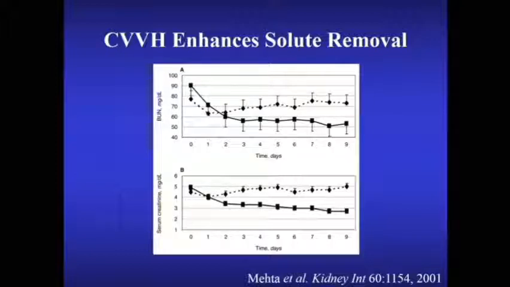And this is just one example where solute removal was examined. This is BUN here, and this is creatinine here, and you can see this is CVVH in the solid, and the broken bars are intermittent dialysis, so there is the capability of getting better solute removal with continuous therapies.